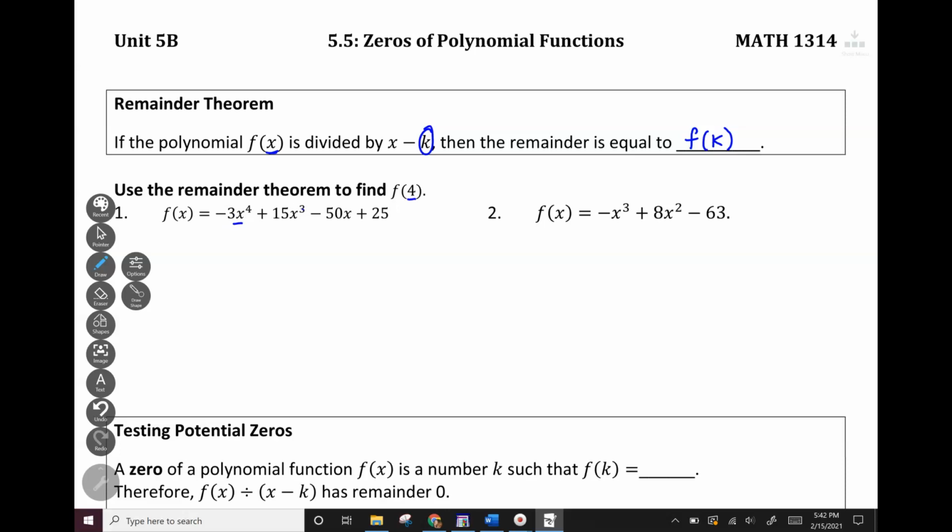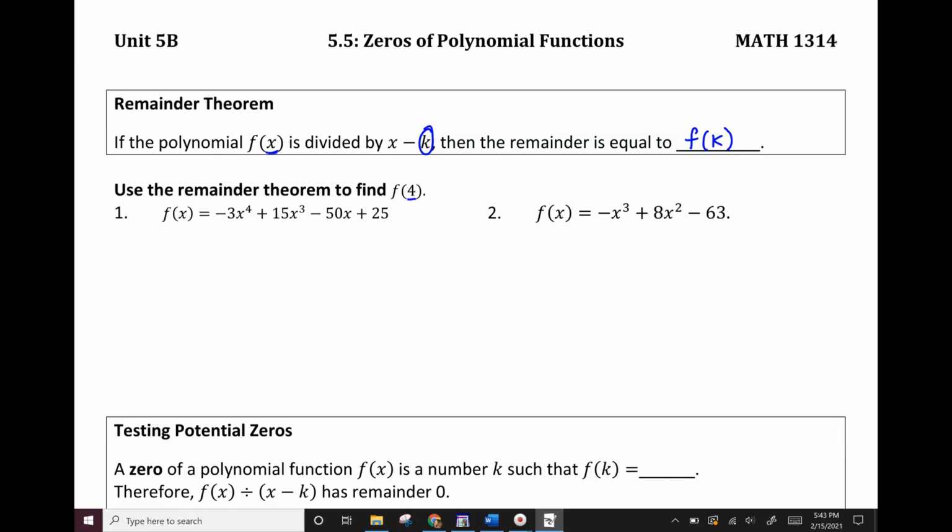And then you have to do 4 cubed here, and then multiply that by 15. So that would be actually a lot of work. Versus the synthetic division process that you just learned actually is a lot smoother and easier. And so we are going to look at how you can do so many different things with synthetic division. And so you need to be able to obviously do that.